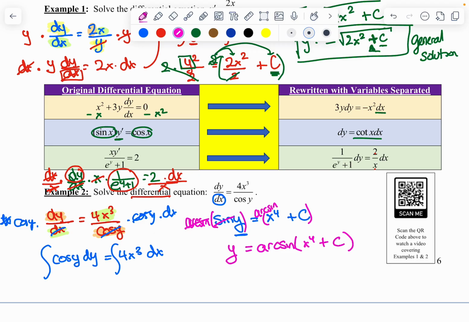Now, again, if you're able to separate that c, do so algebraically. In this case, we cannot do that. We can't separate it because of the plus sign.